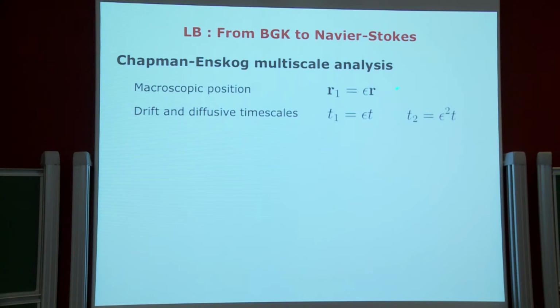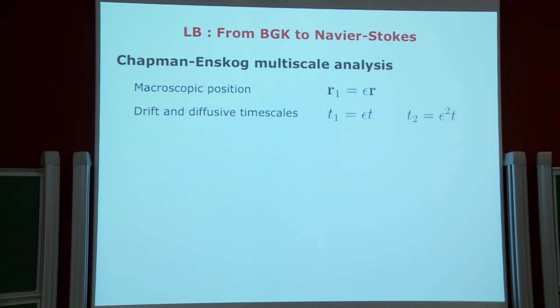And the relation between this drift time scale on the macroscopic observation scale is simply related to the absolute reference timescale t with the same scaling parameter as for your change between length scales.